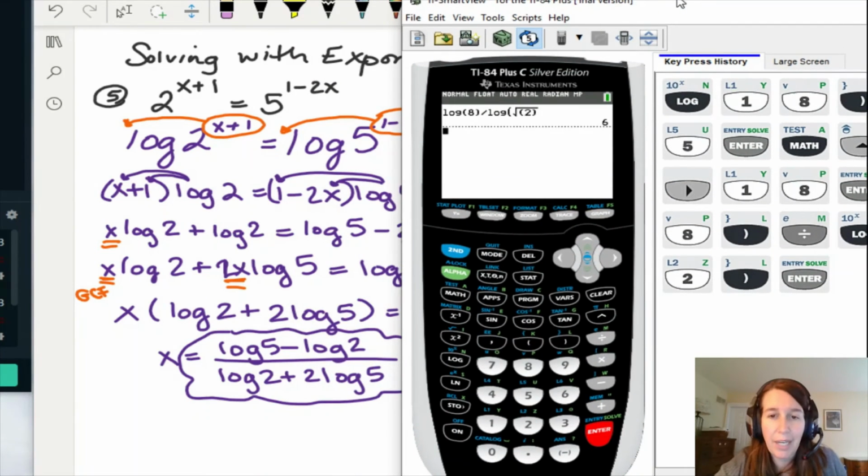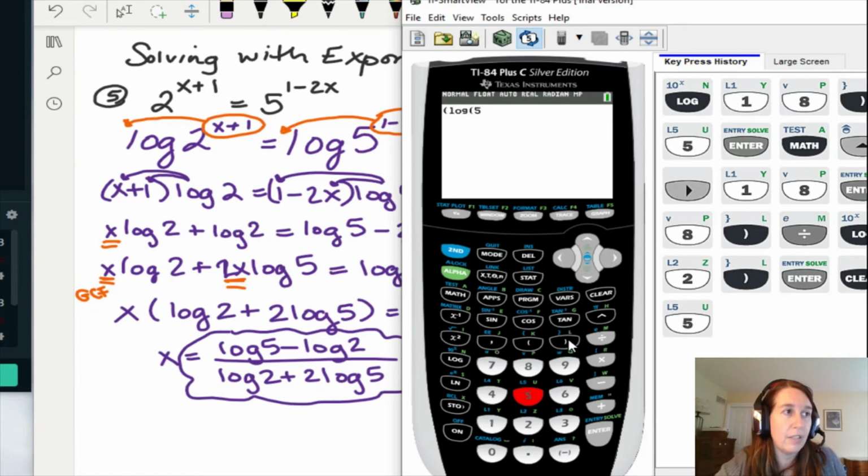It's not that bad, but I just want to make sure you know about the parentheses and stuff. So the numerator is log 5 minus log 2, so you have to have parentheses around that. So that's log, or do it in 2 steps, and see if my log opens a parenthesis, so I need to close one. Yours may or may not open a parenthesis. Just look at your calculator for that.